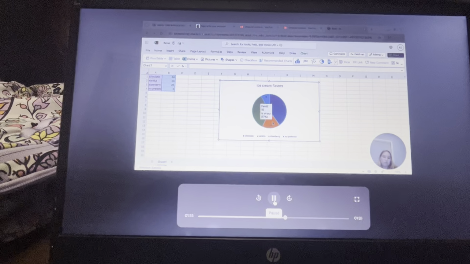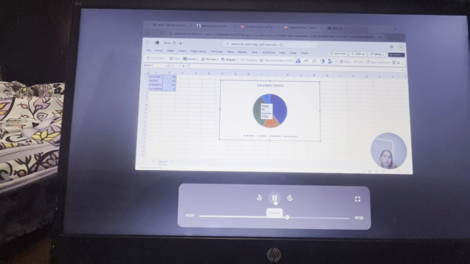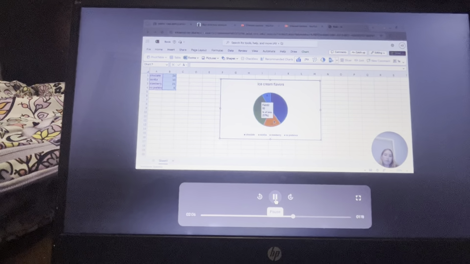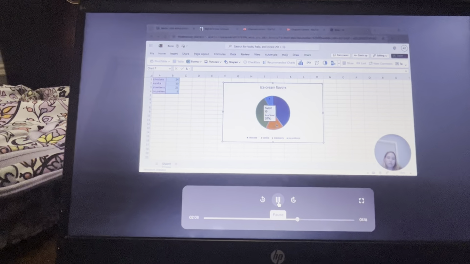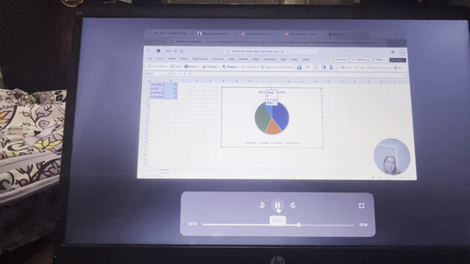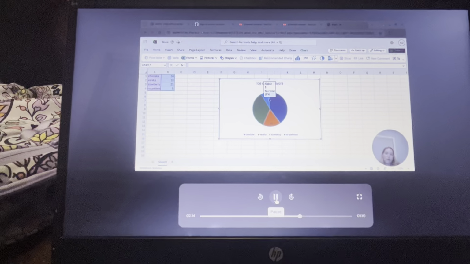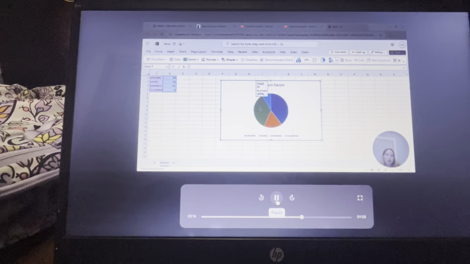And then you go down here, and 10 divided by 60 is 17%. The actual one is 16.7, but I just rounded to 17%. And the same thing here. The actual percent is 8.3, but I just rounded it.